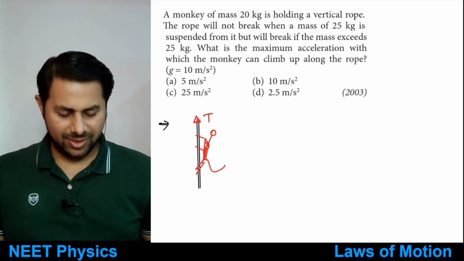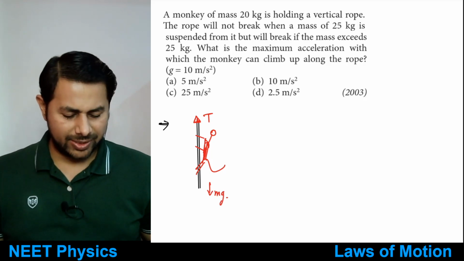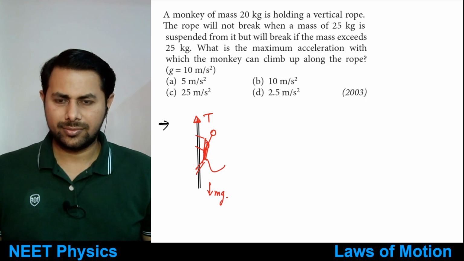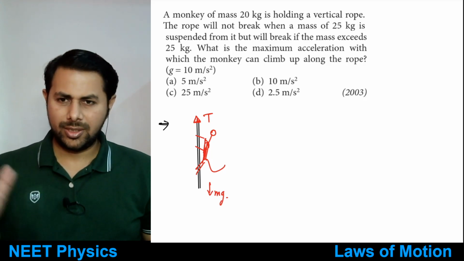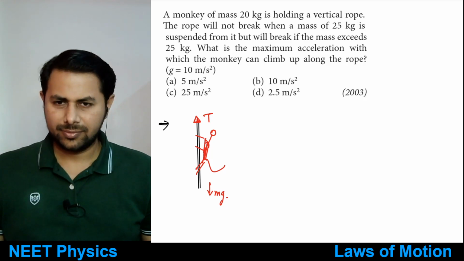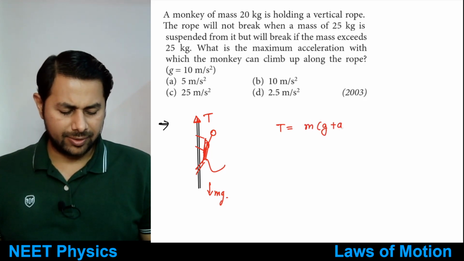T is the tension. His weight will be acting downwards. Weight is always acting downwards. He is moving up with some acceleration. Then what's the tension? T is equal to m into (g plus a).